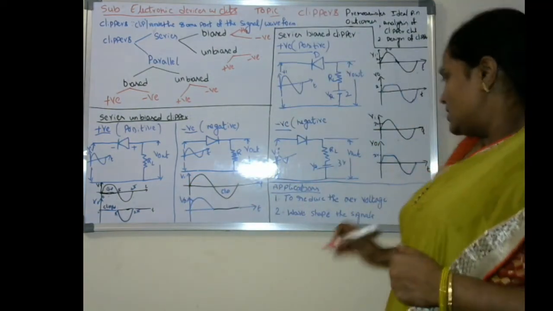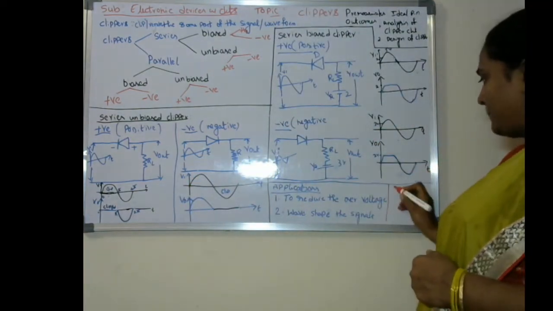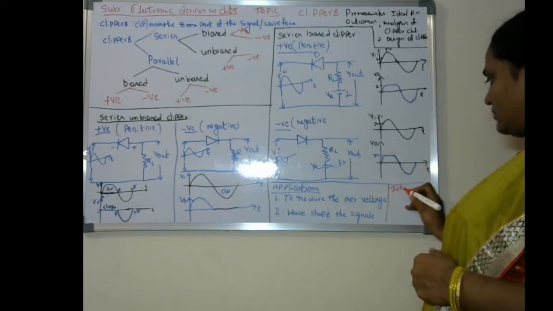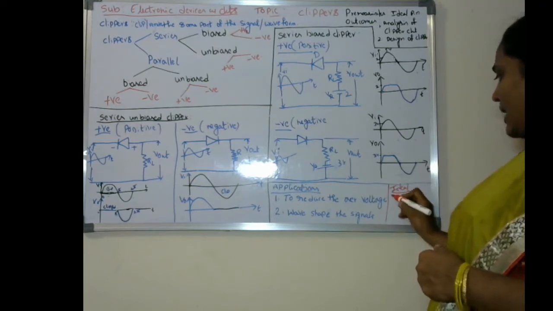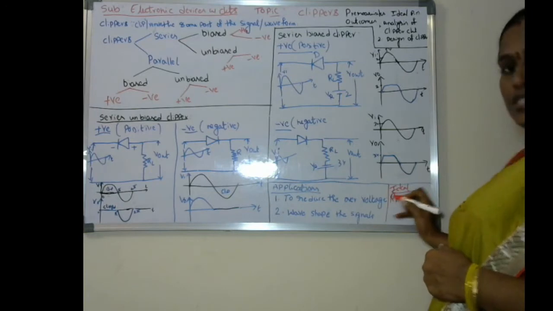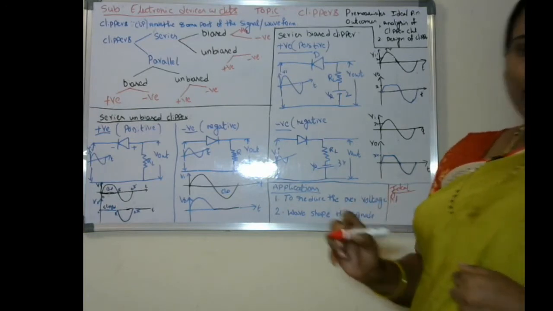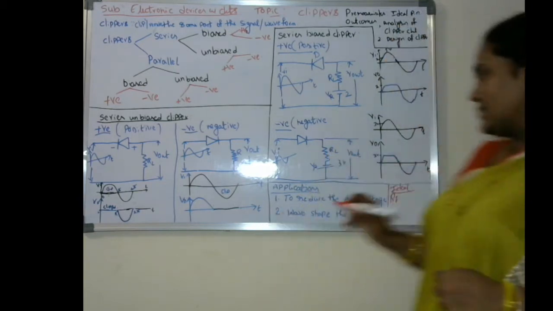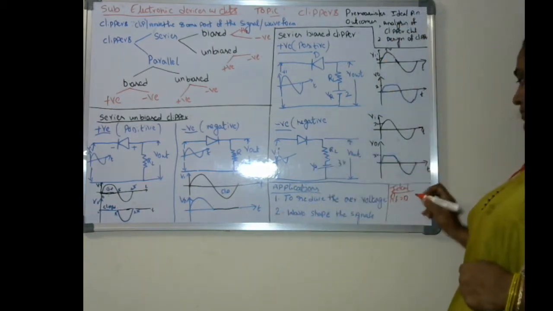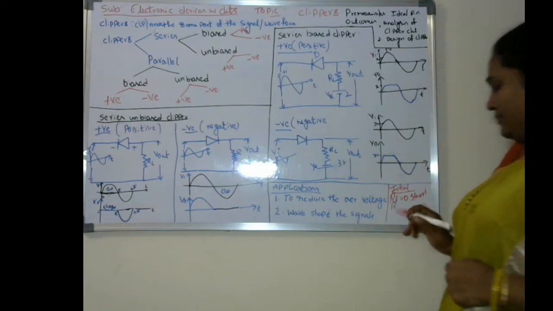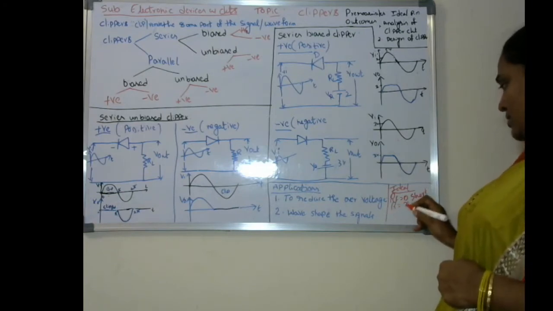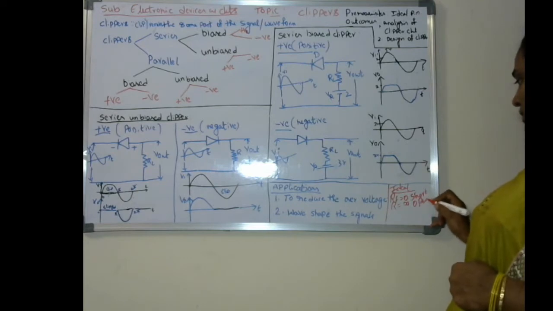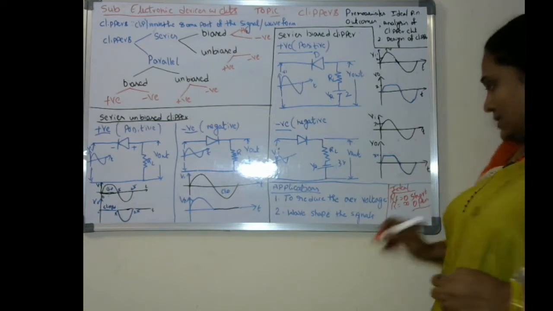The ideal PN junction diode acts like a short circuit in the forward bias condition, and it acts like an open circuit in the reverse bias condition.